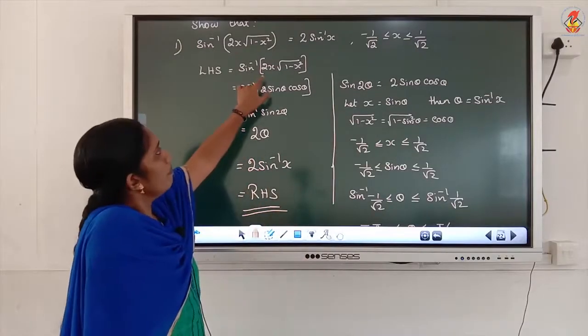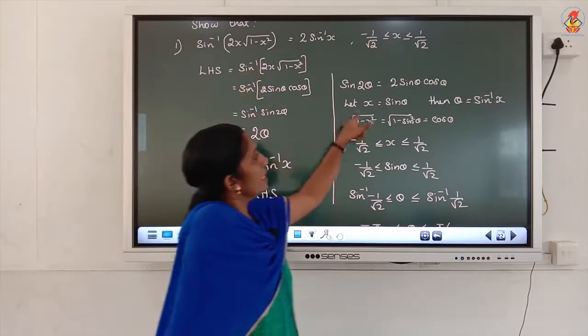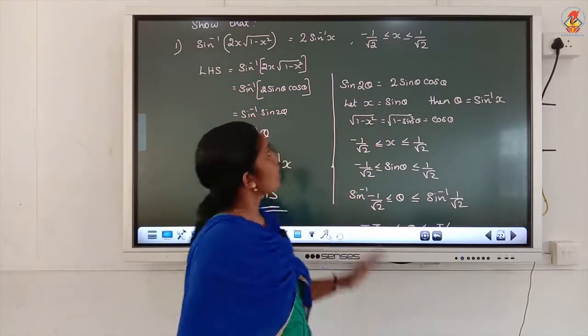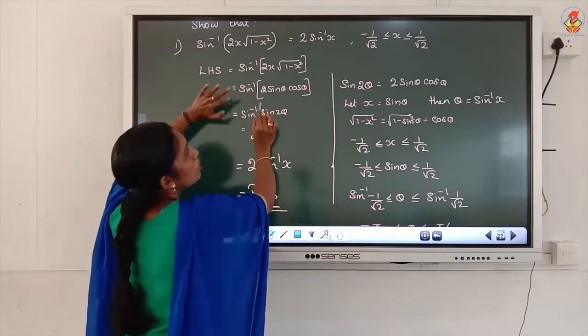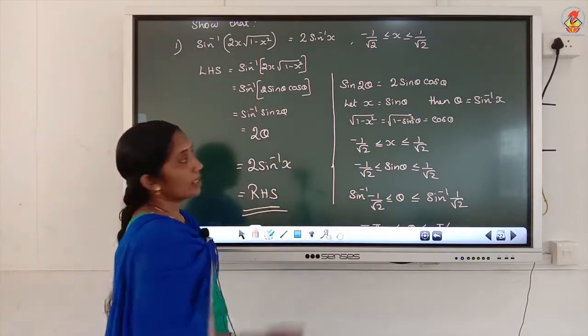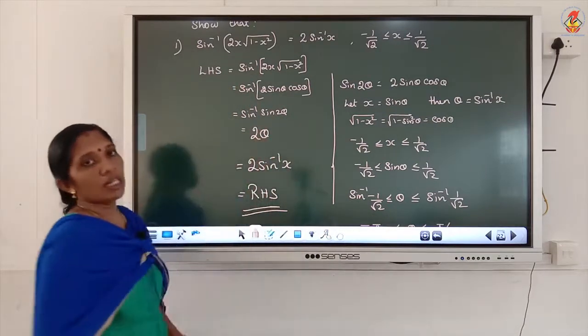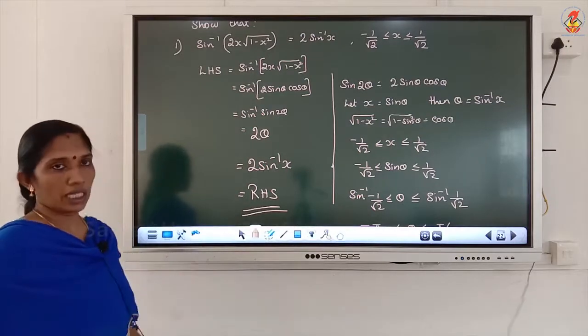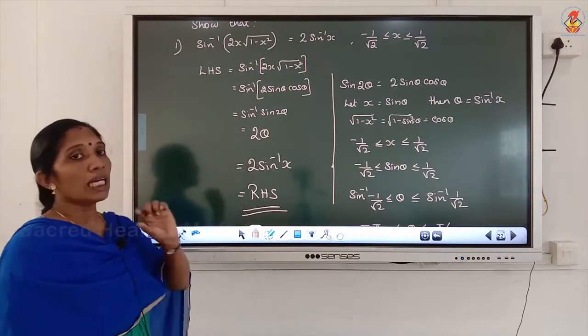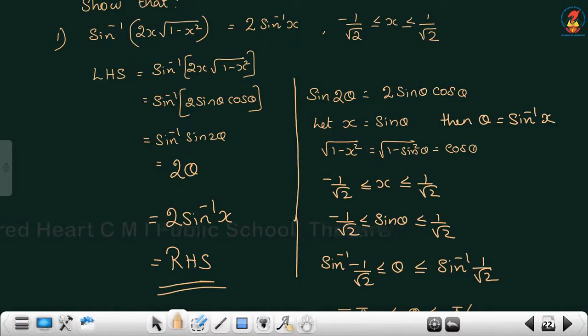We can give x as sine theta. So this bracket will be 2 sine theta cos theta, that is the same as sine 2 theta. So sine inverse sine 2 theta is equal to 2 theta, on the condition that 2 theta belongs to minus pi by 2 to pi by 2, the closed interval.